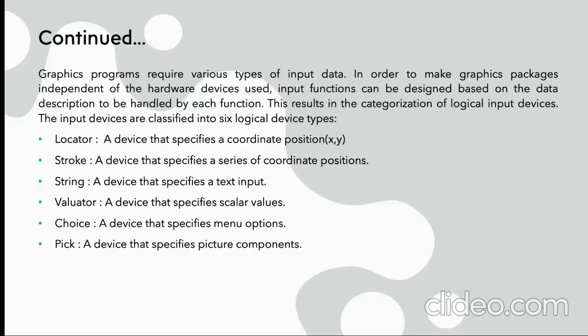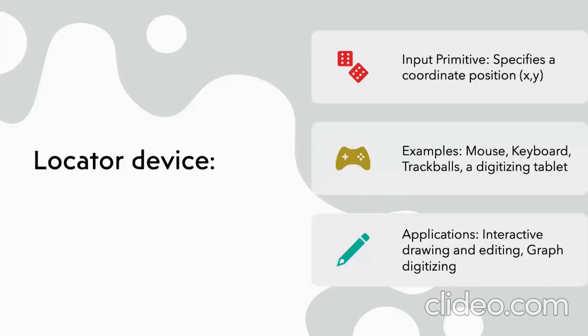The first one is the locator, and it gives a coordinate position like X, Y to move the cursor to a particular position on the screen. The examples we consider for locator devices are mouse, keyboard, trackball, spaceball, thumb wheels, and some digitizing stylus or tablet.